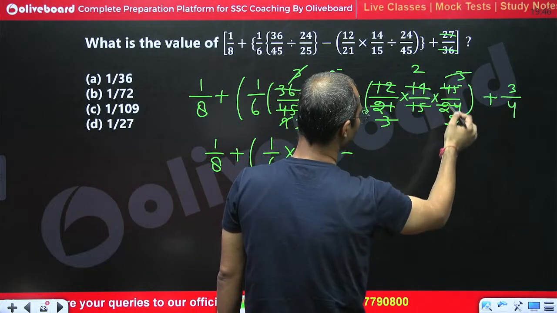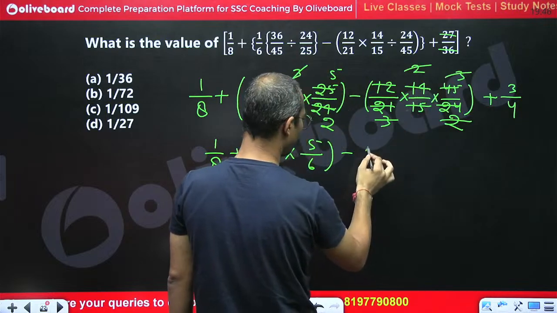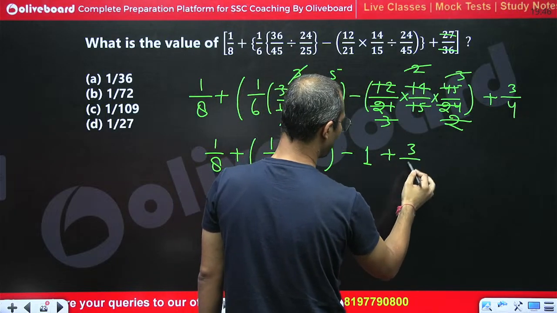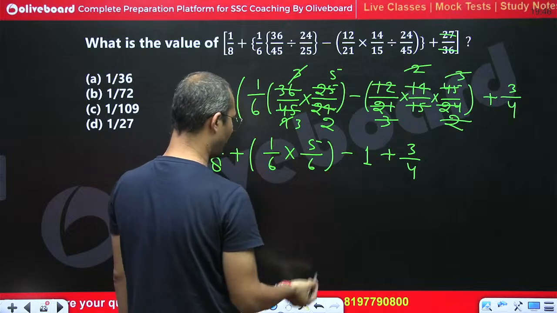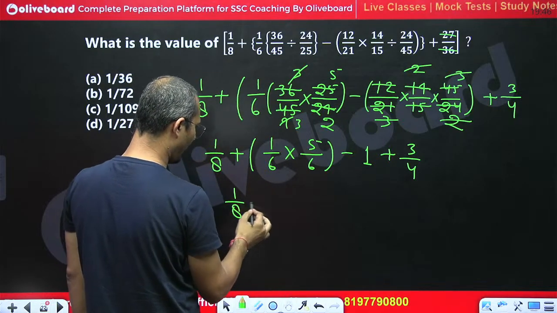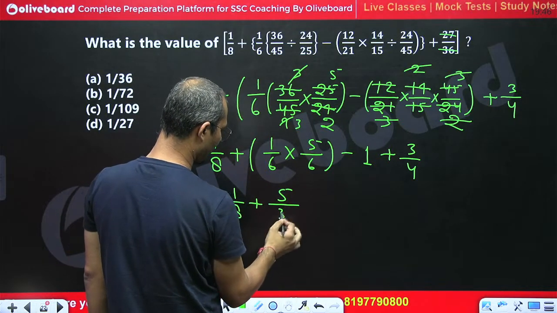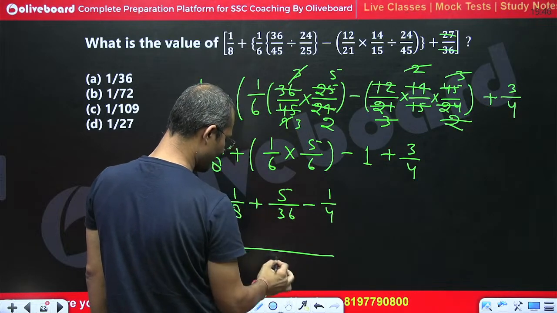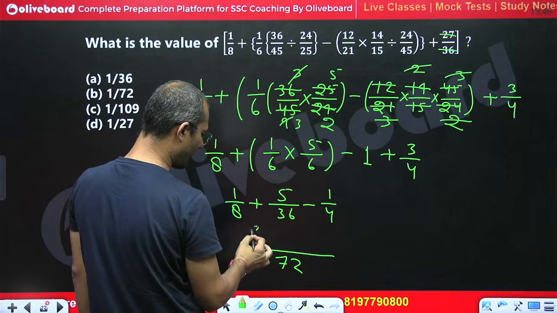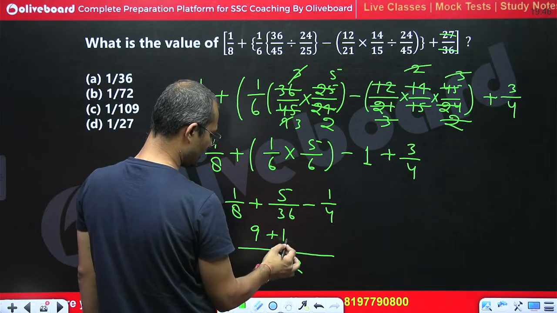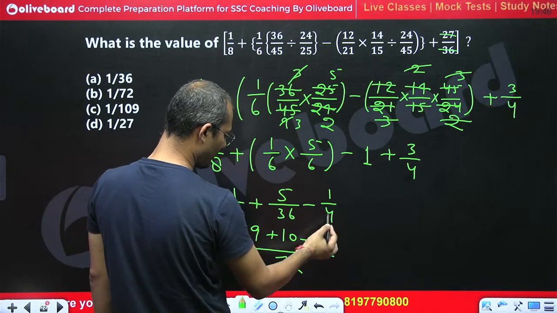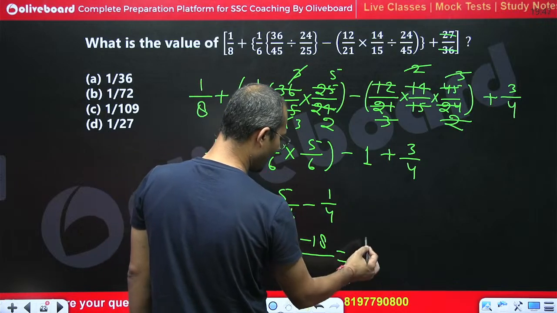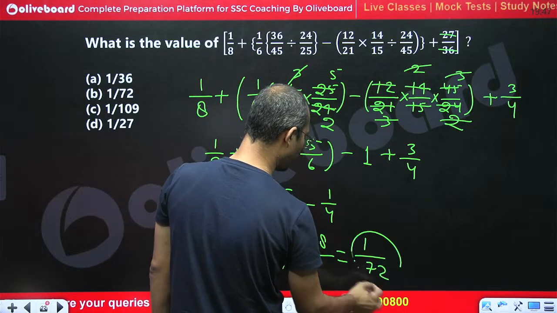So 3 gets cancelled out, 2 gets cancelled, 1 would be left, plus 3 by 4 minus 1 plus 3 by 4, right? So 1 upon 8 plus we will get 5 upon 36 minus 1 by 4. LCM would be 72, right? 8 nines are 72, plus this would be 10 and this would be 18. So 19 minus 18, 1 upon 72 would be the right answer.